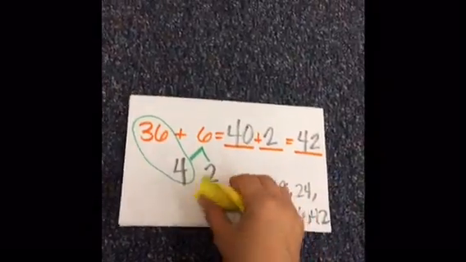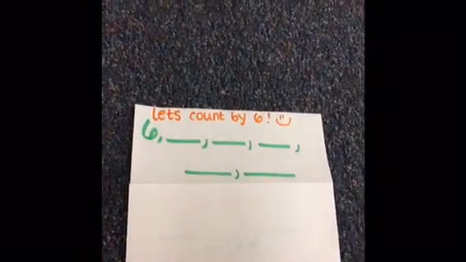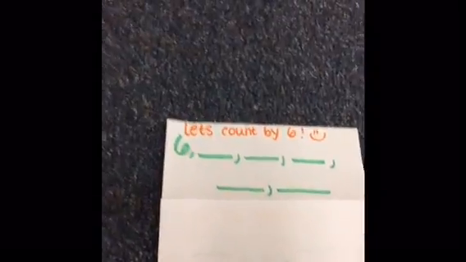Now that we've looked at how decomposing using number bonds can be helpful, let's practice skip counting. Okay, we're going to skip count by sixes.